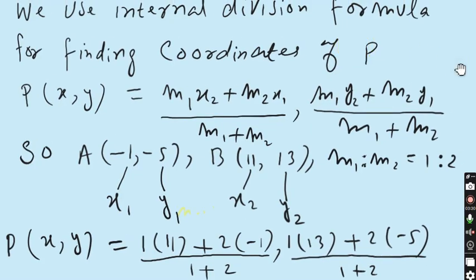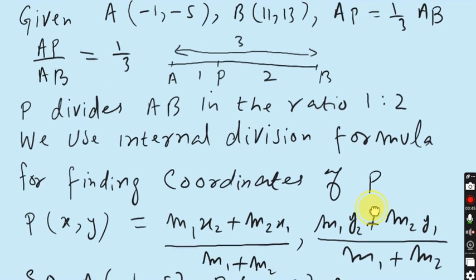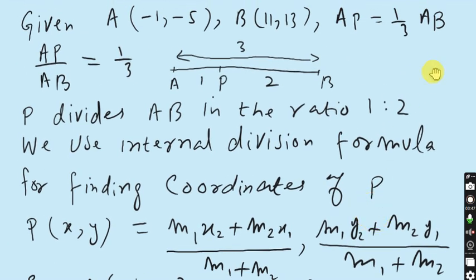The formula is (m1 x2 + m2 x1) upon (m1 + m2), comma, (m1 y2 + m2 y1) upon (m1 + m2). What is m1 and m2? m1 and m2 are the given ratio. So over here m1 is 1 and m2 is 2.